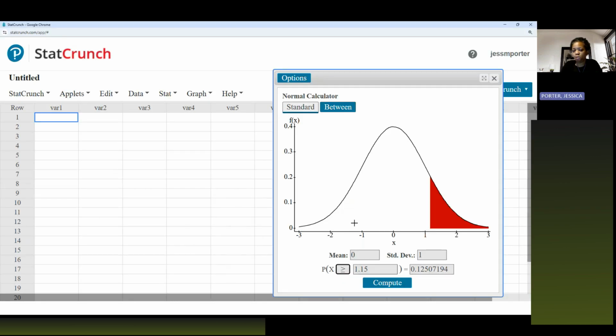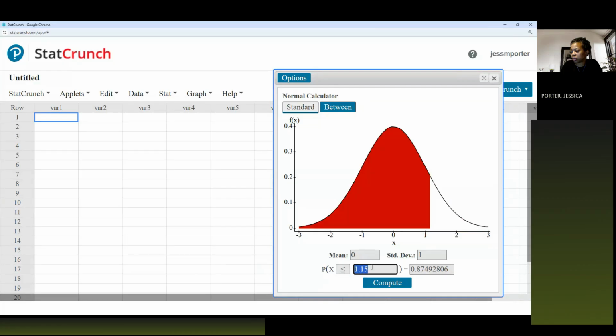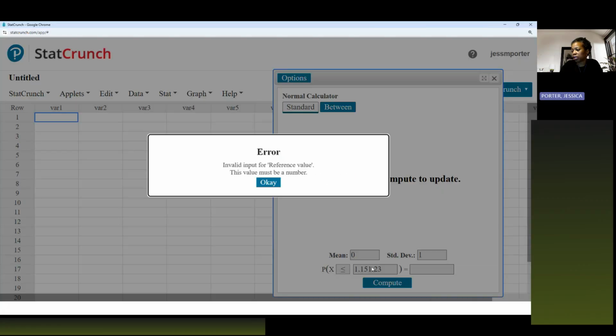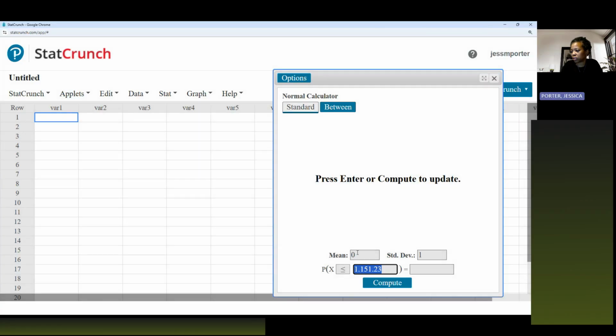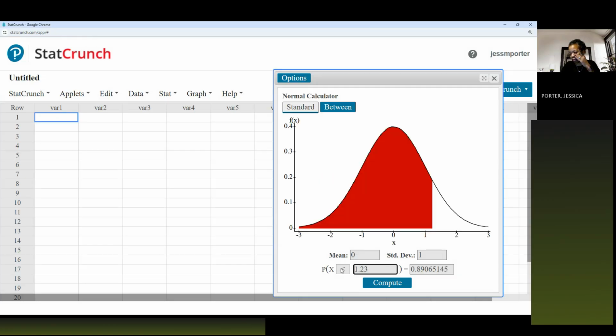StatCrunch steps again. What was that? 1.23. I get 0.8907.